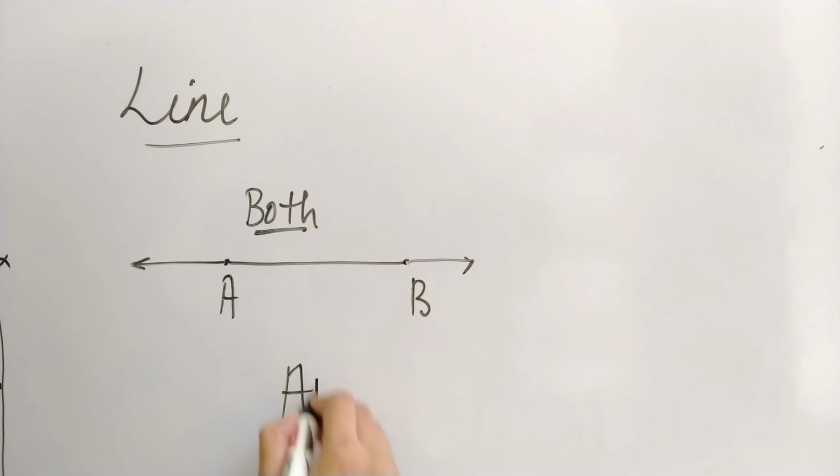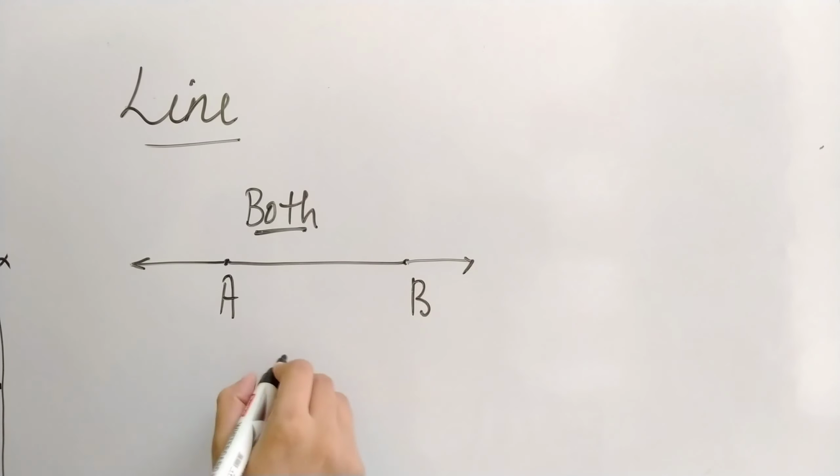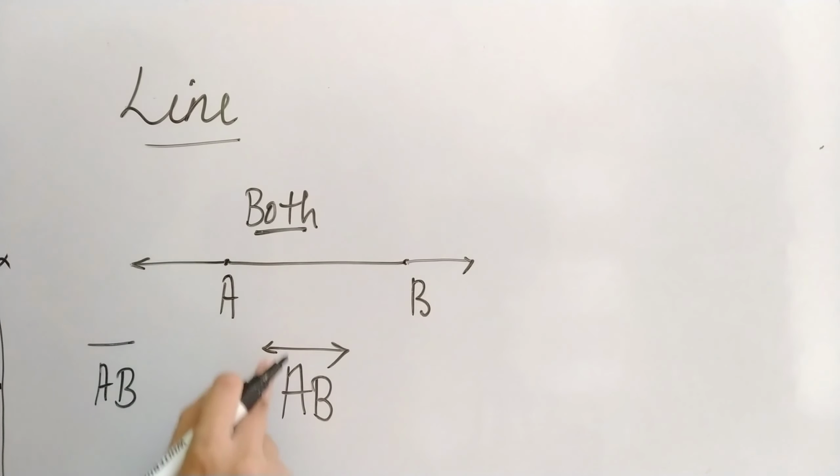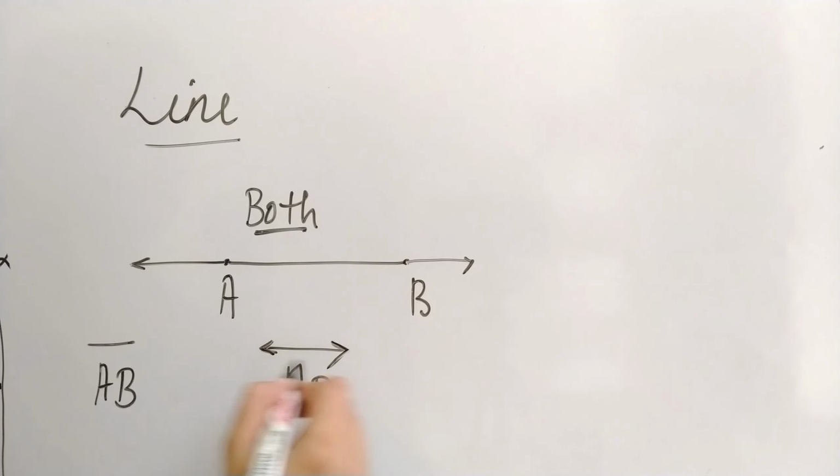When you indicate AB together, you draw this line over AB. For a line segment you write A, B and a straight line. For a line, you draw two arrow marks indicating that your line can proceed in any direction to indefinite length.